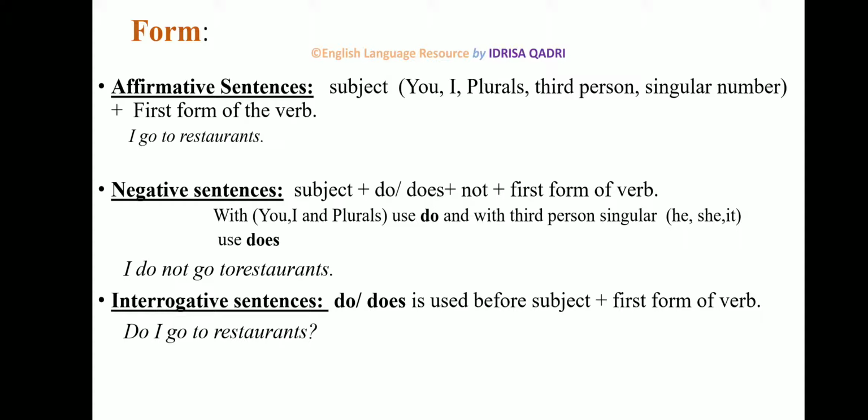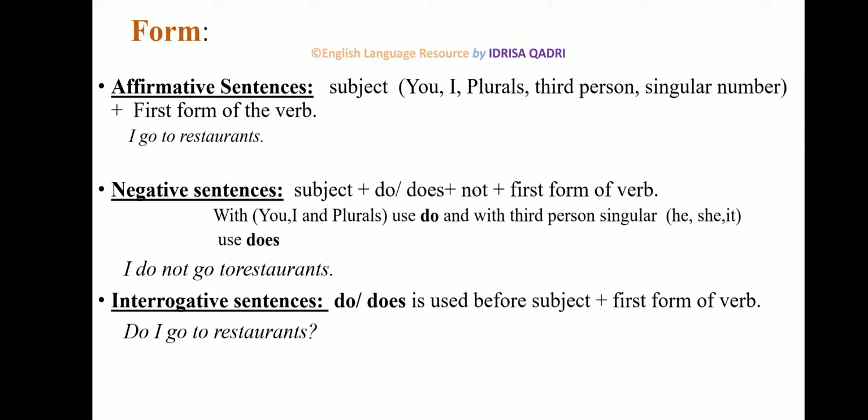In affirmative sentence, if subject is you, I, plurals, or third person singular number, then use first form of the verb. In negative sentences, we have subject plus do, does plus not plus first form of verb. With you, I and plurals use do.